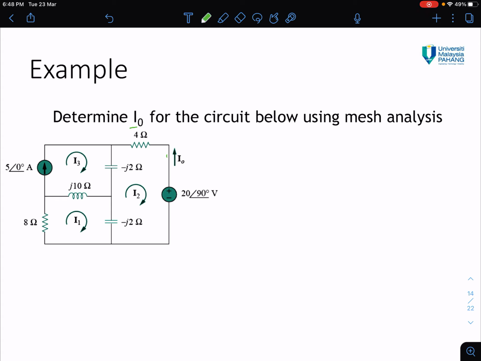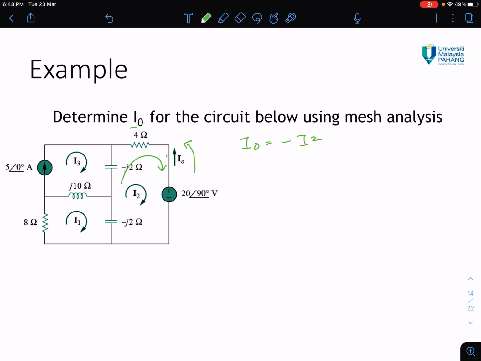Your I naught is in this direction, and this I2 is in this direction, so I can say the directions are inverse. Actually, we need to find I naught. What is I naught from this figure? I naught is actually minus I2.